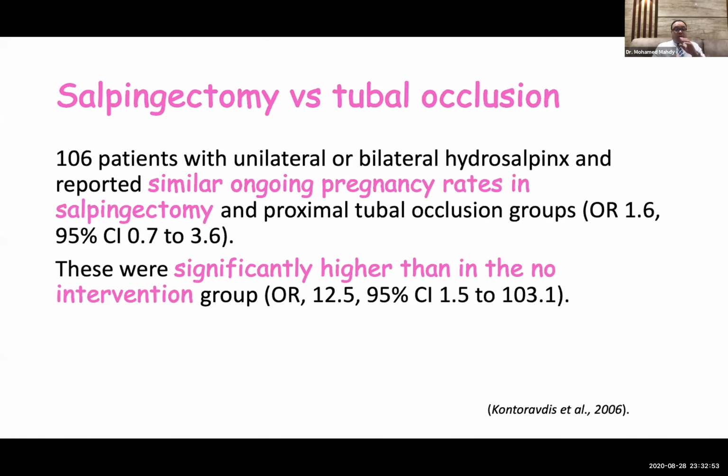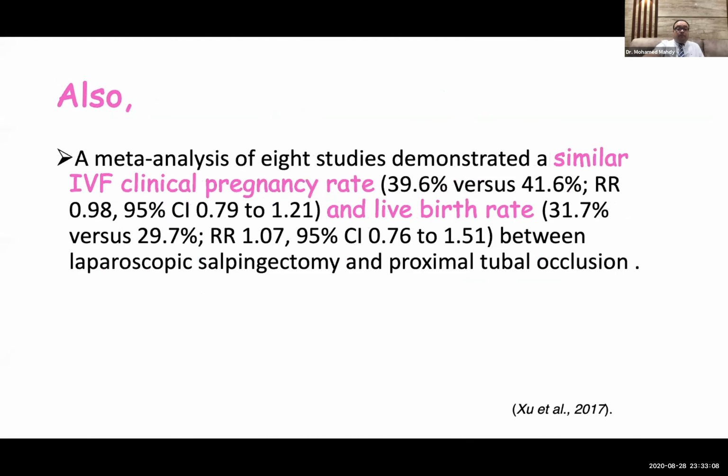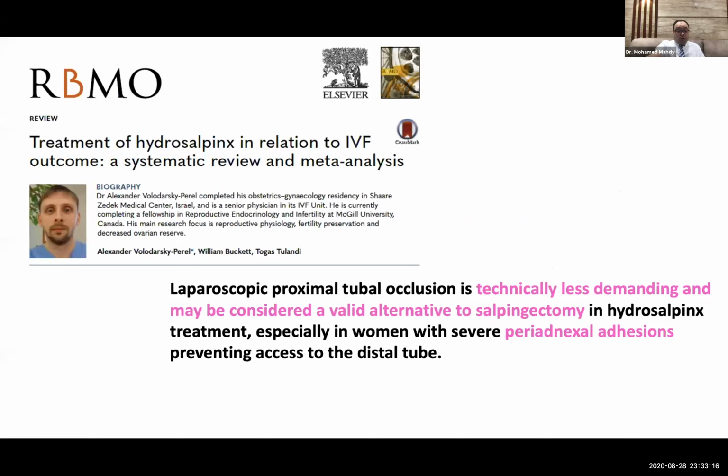Another study comparing salpingectomy with tubal occlusion only, done on 106 patients, showed similar ongoing pregnancy rate. Also, meta-analysis shows a similar clinical pregnancy rate and live birth rate between salpingectomy and proximal tubal occlusion. The recent meta-analysis showed the same result.